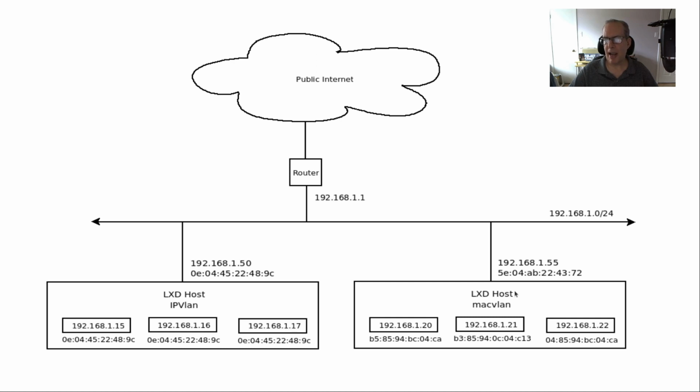Whereas on Macvlan, we have different IP addresses on each of the containers, but the MAC address for the host is different from the MAC address for container 1, which is different for container 2, and different for container 3. So this is a pictorial way to explain exactly how this works.